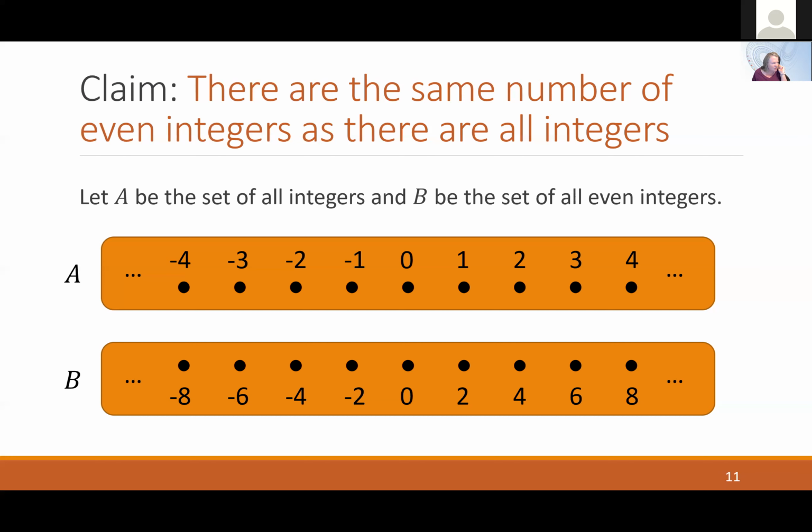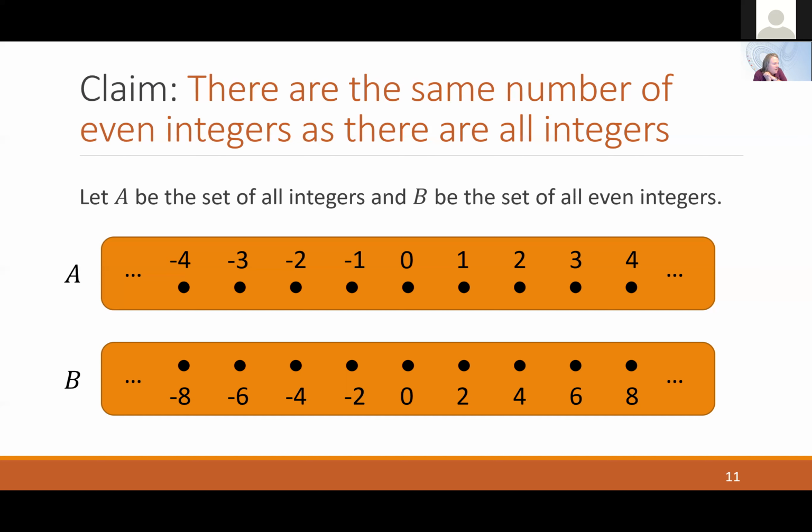What we're after is a function that would take the inputs in set A and produce the outputs in set B. And I'll tell you when to do that in about 15 seconds. Okay, go ahead and drop in the chat. What could you do to map set A to set B?